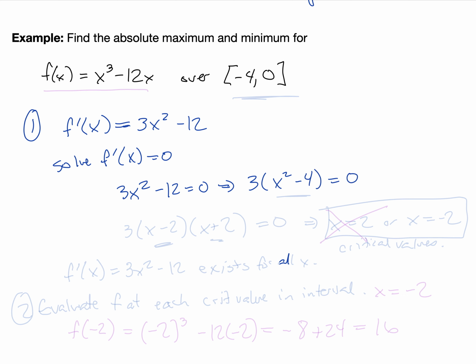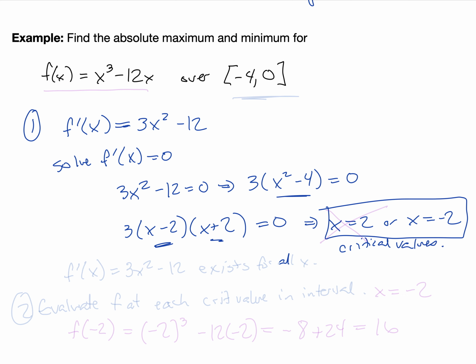And then we could factor this piece. So we've got 3 times x minus 2 times x plus 2 equals 0. And so this is equal to 0 means that x equals positive 2 or x equals negative 2. Those are the two values that make this equation equal to 0. So these now are both critical values.